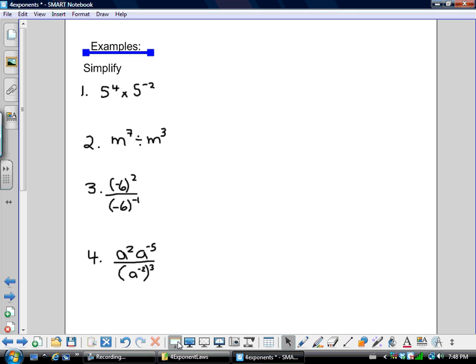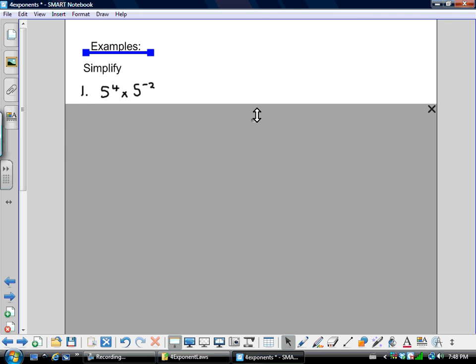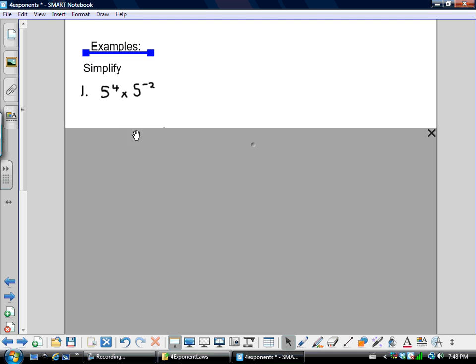I'm just going to put the screen up again, so I'm looking at one at a time. In this one you can see my base is 5 in both cases. The first one is 5 to the 4th, and the second one is 5 to the negative 2. Because the bases are the same and I am multiplying, and because this is a note, I'm going to write it down this way.